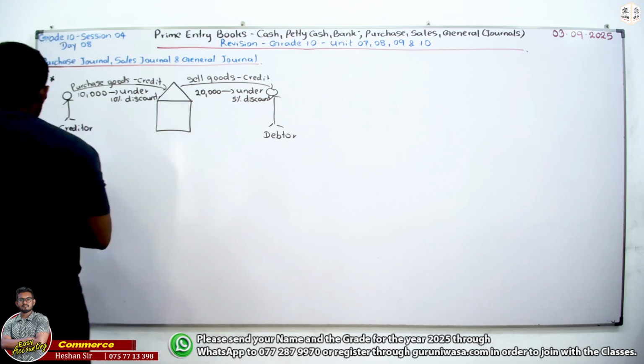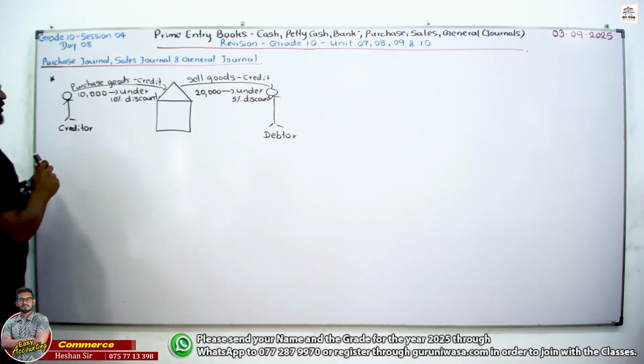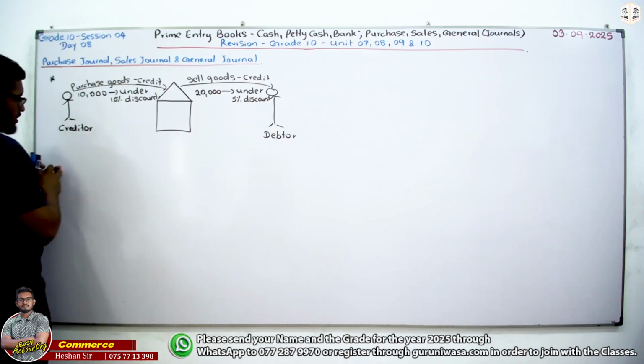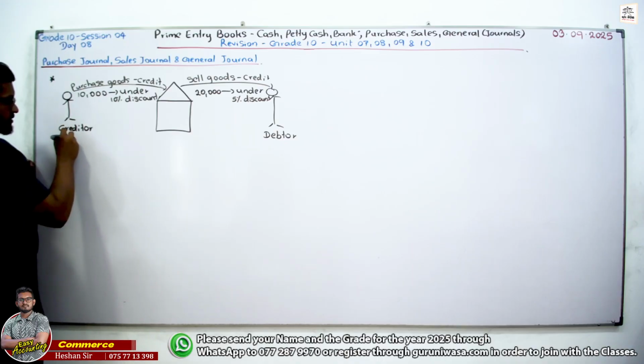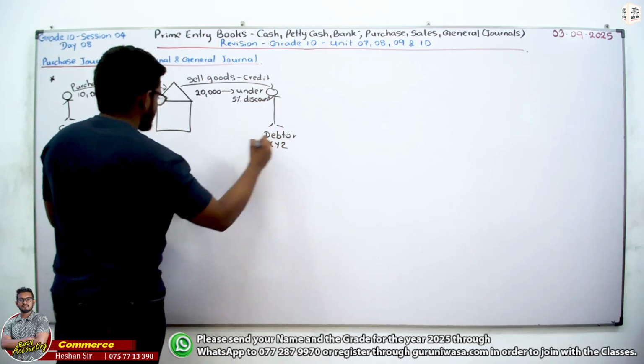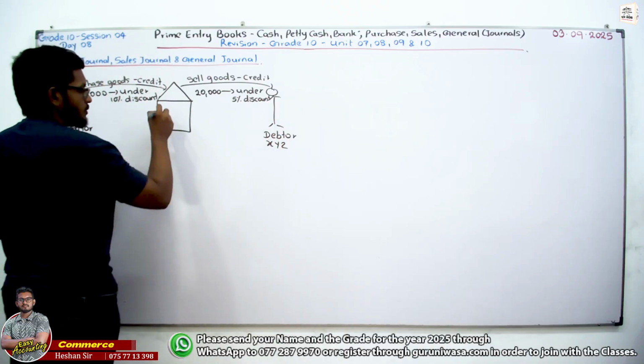Now I'll write this: creditor ABC, debtor XYZ. This is the business, PQR business.